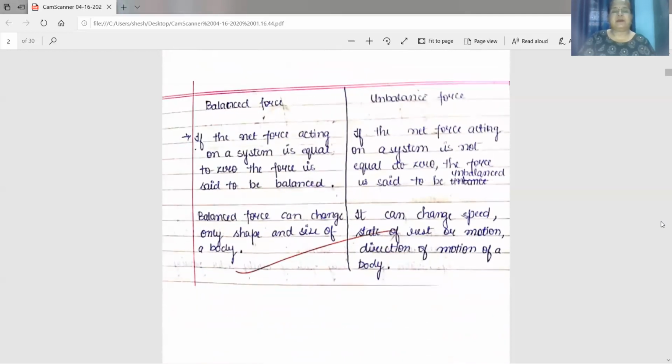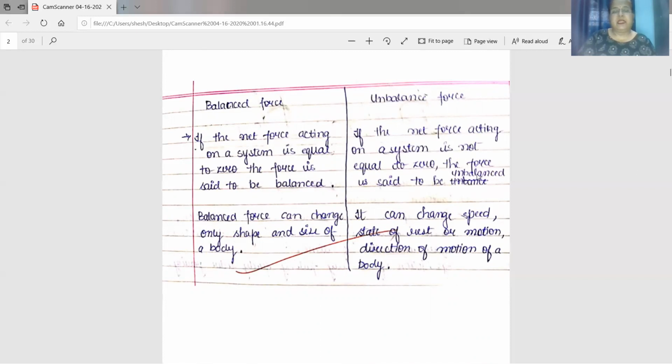If you take a system and apply a number of forces on it, and the net force acting on the system is equal to 0, the force is said to be balanced. And if the net force acting on a system is not equal to 0, the force is said to be unbalanced.